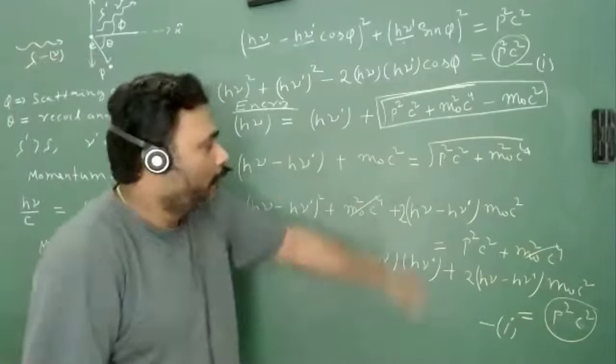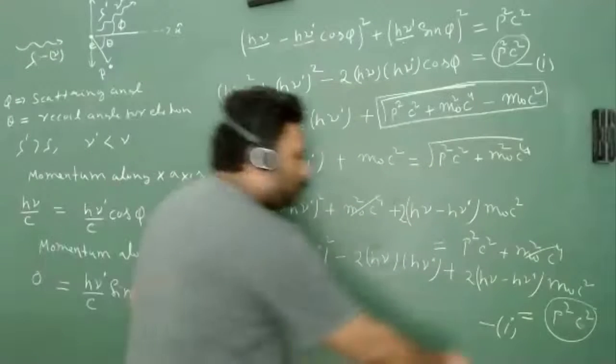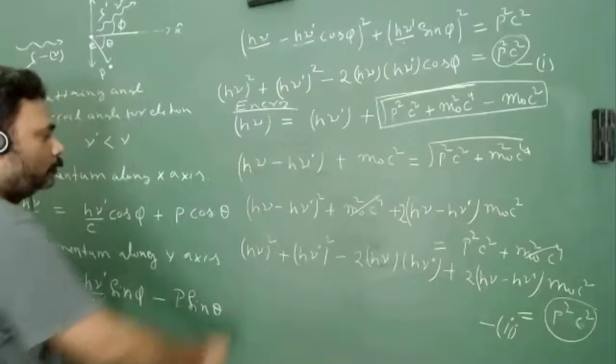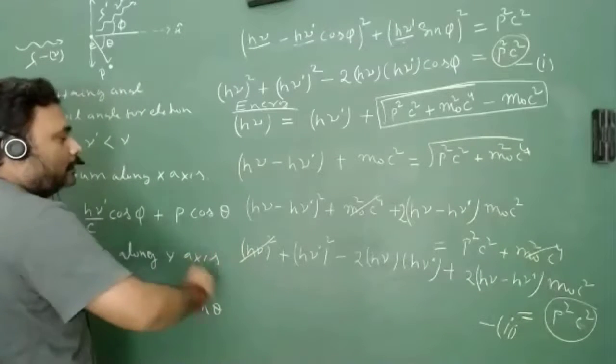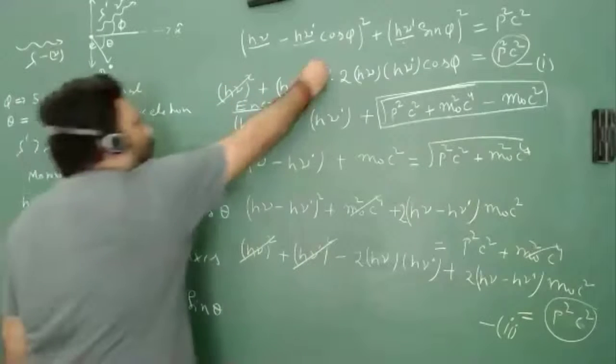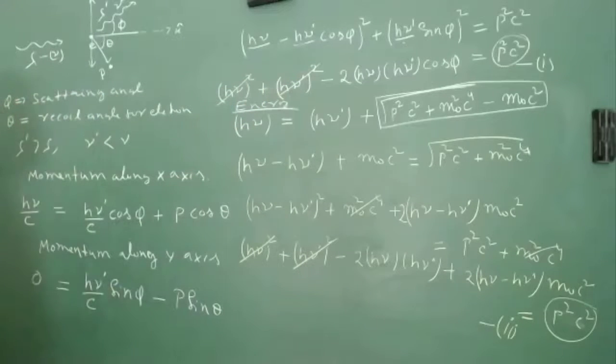If you are equating equation 1 and equation 2, what can we do? h nu square, h nu dash square, h nu square, h nu dash square will cancel out.